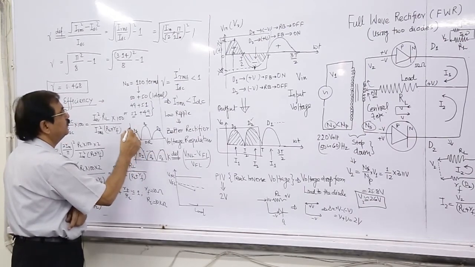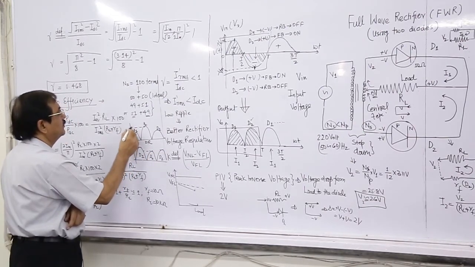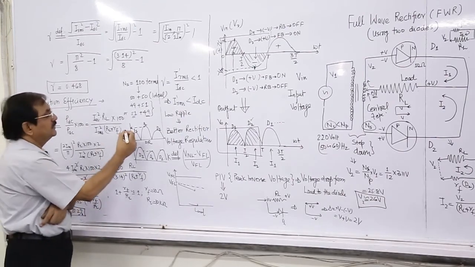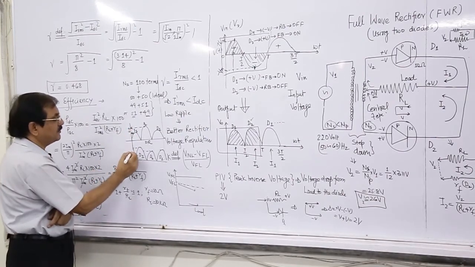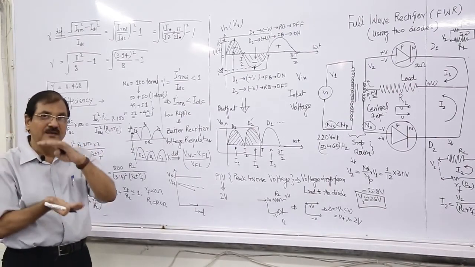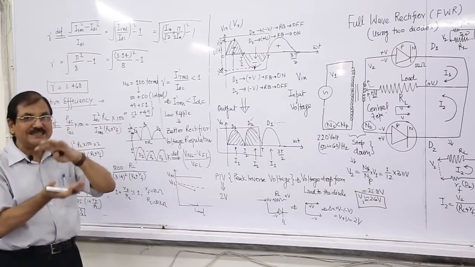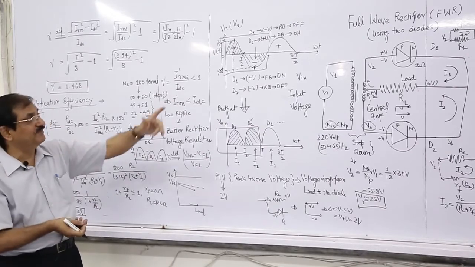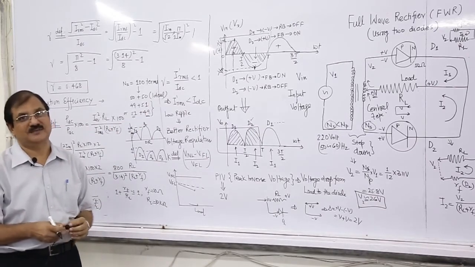Means there is a fluctuation of this amount. The output is varying. This is the demerit of the full wave rectifier using two diodes.